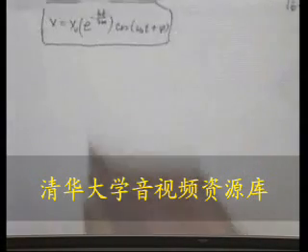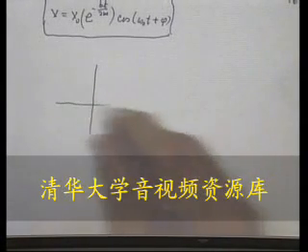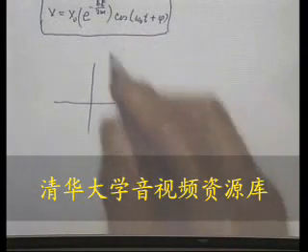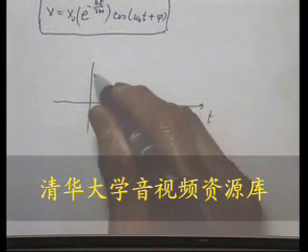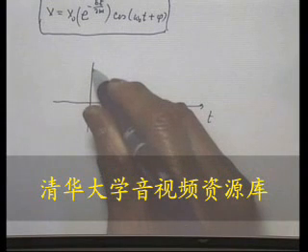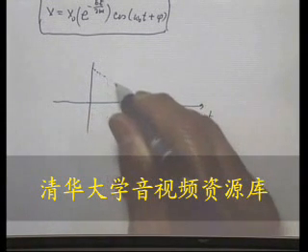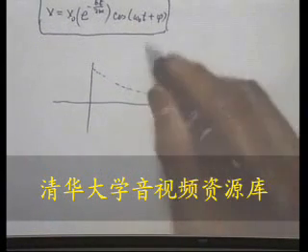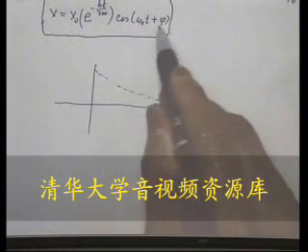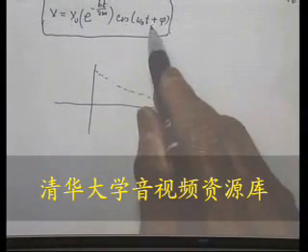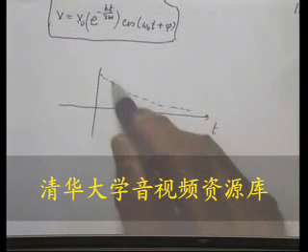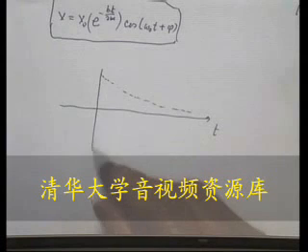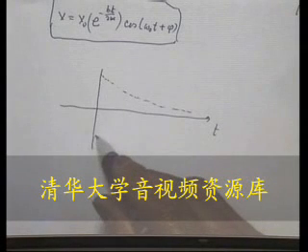Now, if I plot this curve, first I can plot this exponential function. This exponential function goes like this. And when this cosine becomes 1, it touches this curve. When cosine becomes minus 1, it touches the reflected curve.